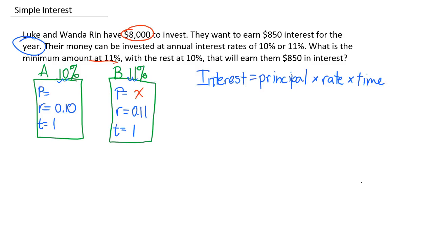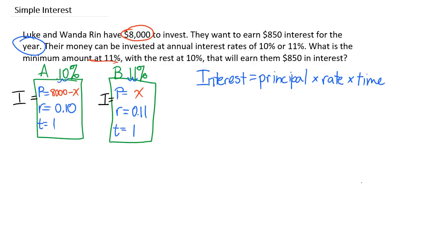So if we've invested X at 11%, it's going to be $8,000, the total amount that we invested, minus the amount that we invested at 11%. So now we see this problem. We have our interest here for our 10% and our interest here for our 11%. And we need to look at the problem and ask, are they equal to each other? Is one bigger than the other? What are we doing with this?